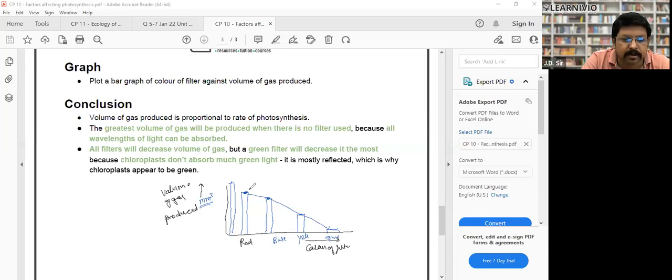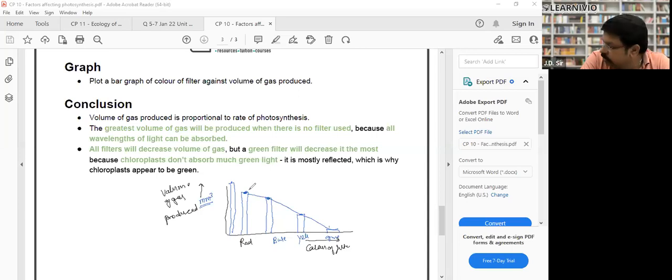Sir, if I'm asked why red light causes more photosynthesis, what should be my answer? Your answer should be because the red wavelength is the maximum. When we drop the red light, both photosystem 1 and photosystem 2 are working.